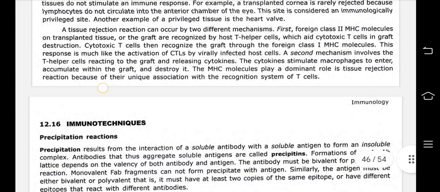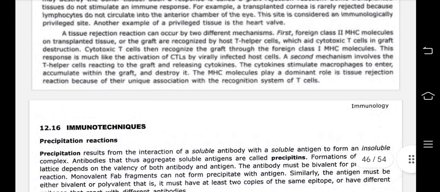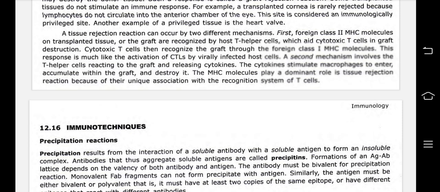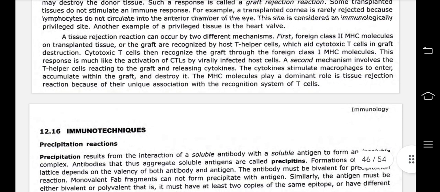A tissue rejection reaction may occur by two different mechanisms. First, foreign class 2 MHC molecules on transplanted tissue or the graft are recognized by host T helper cells, which aid cytotoxic T cells in graft destruction. So cytotoxic T cells then recognize the graft through the foreign class 1 MHC molecule.